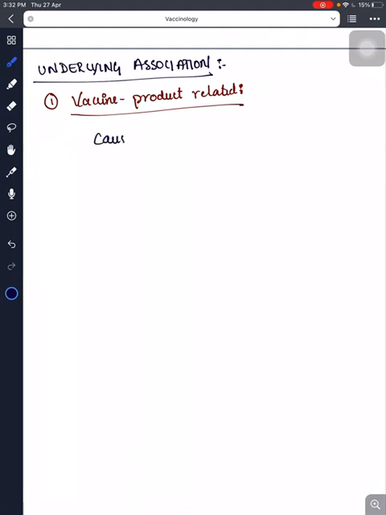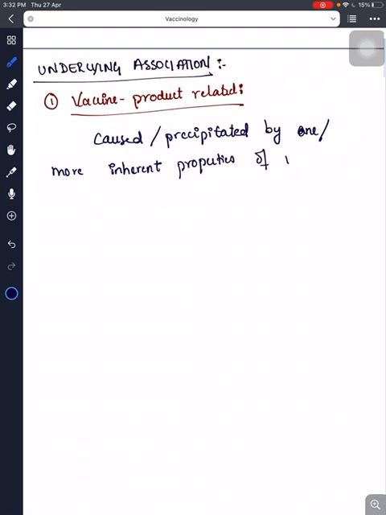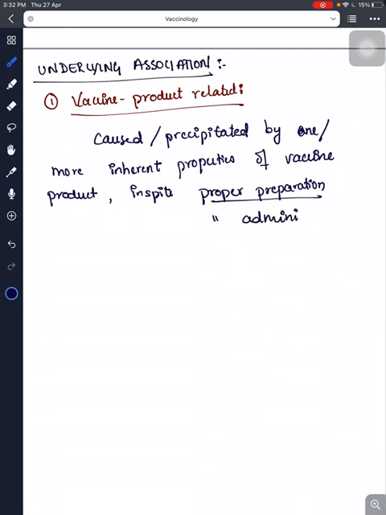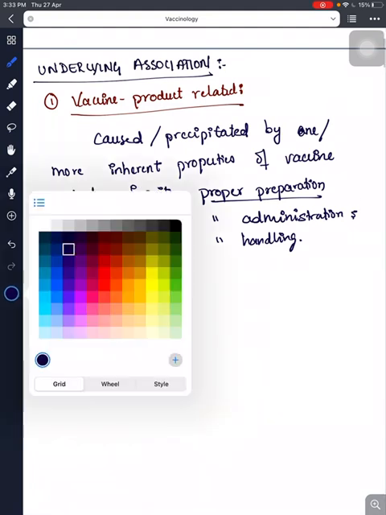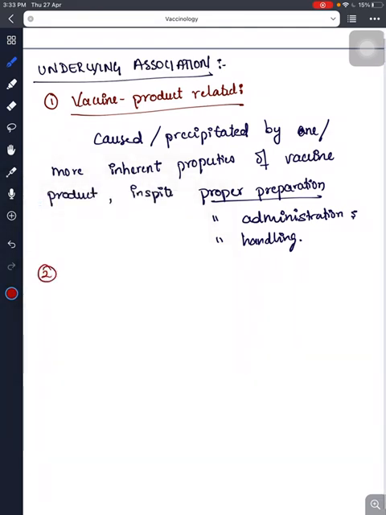It is caused or precipitated by one or more inherent properties of the vaccine product, despite proper preparation, proper handling and proper administration of the vaccine.